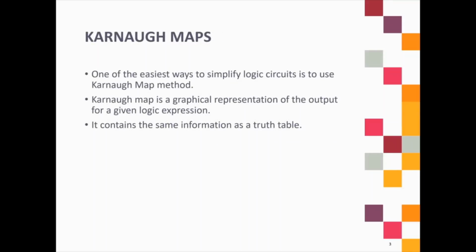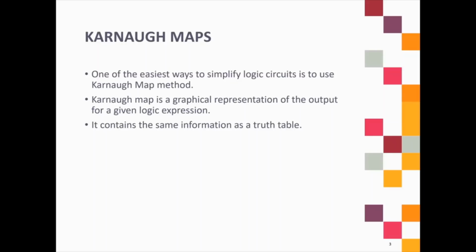So what is actually a K-map? K-map is actually one of the easiest ways we can use to simplify the logic circuit. K-map is a graphical representation of the output for the given expression.